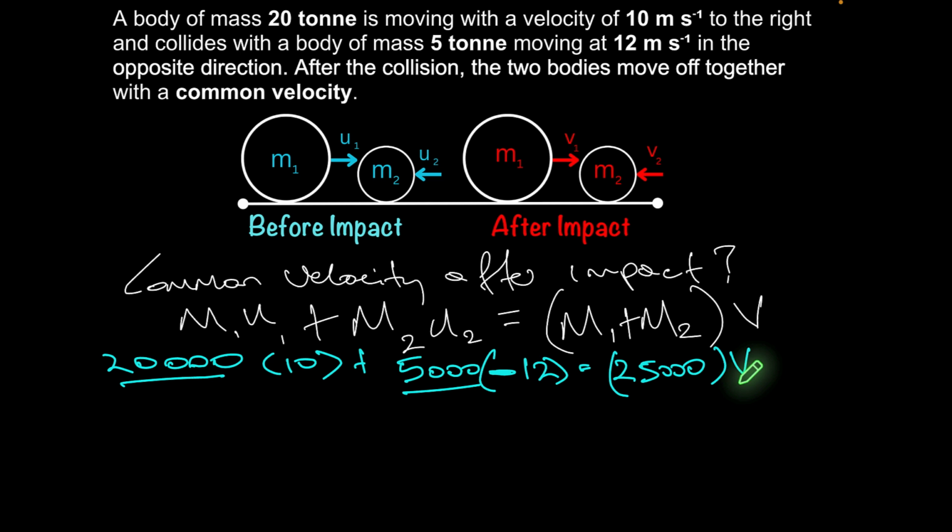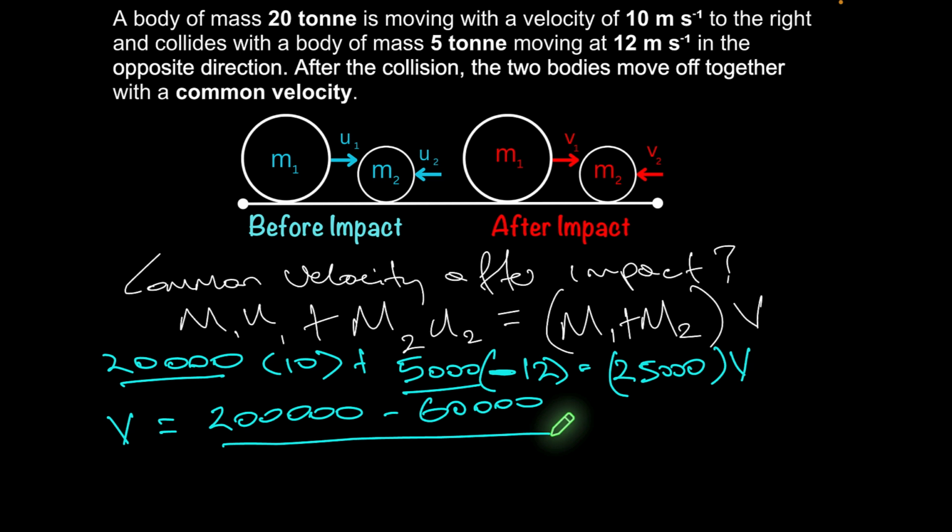So as you can see, we just need to rearrange this to get V over here as the subject, and that will be equal to 20,000 times 10, which is 200,000. And if we do 5,000 times negative 12, that gives us negative 60,000. And we are going to divide all of this by the 25,000 that we have. And that 25,000, once again, is representing the combined mass.